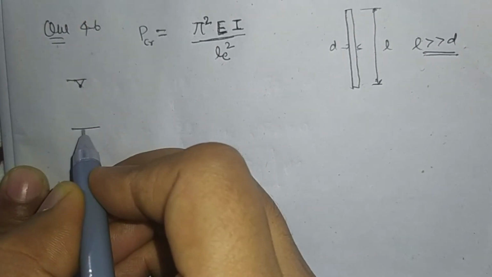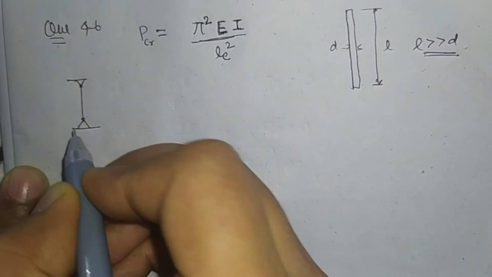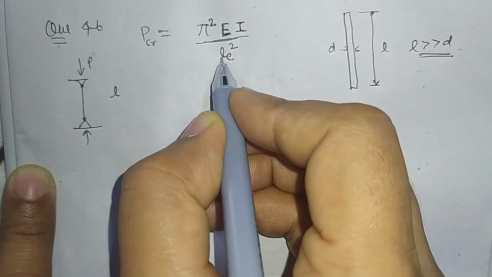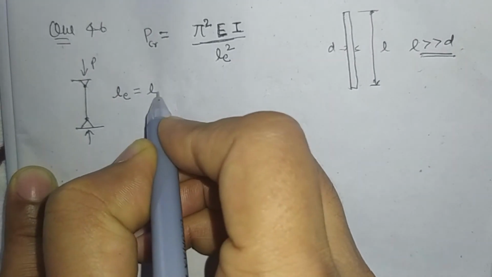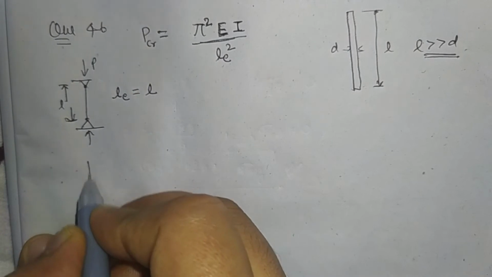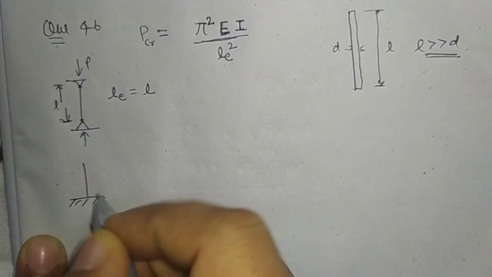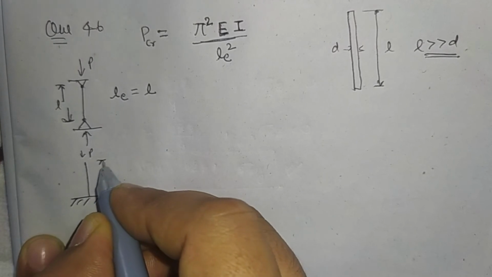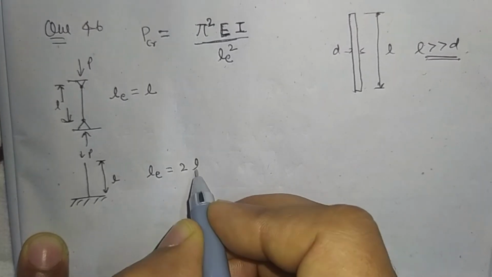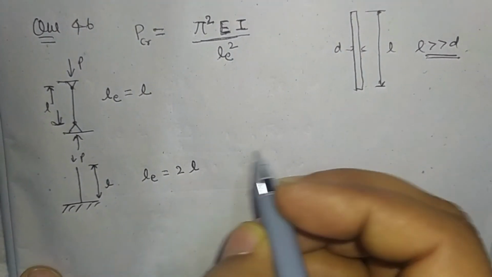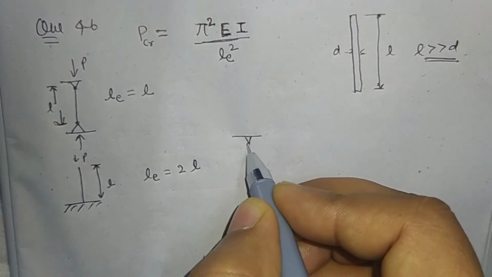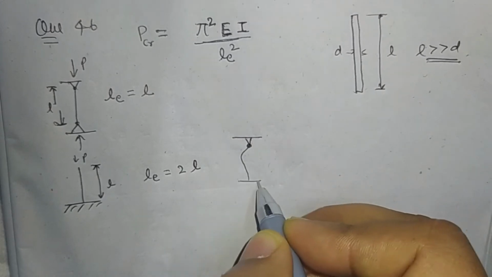There are different cases. For example, the hinged column, where the effective length is L for the hinged column. For the fixed and free column, where the length is L, the effective length is 2 into L. Another case is one end hinged and the other fixed.